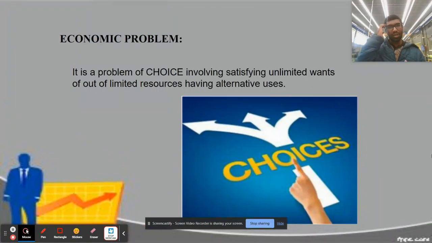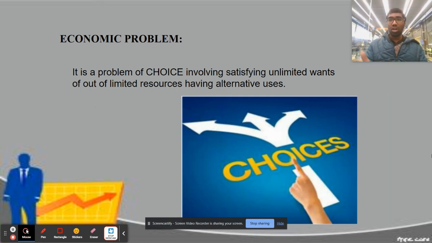And what is an economic problem? Nowadays we say our neighboring countries like Sri Lanka and Pakistan have an economic problem. It's a problem of choice, involving satisfying unlimited wants out of limited resources having alternative uses.